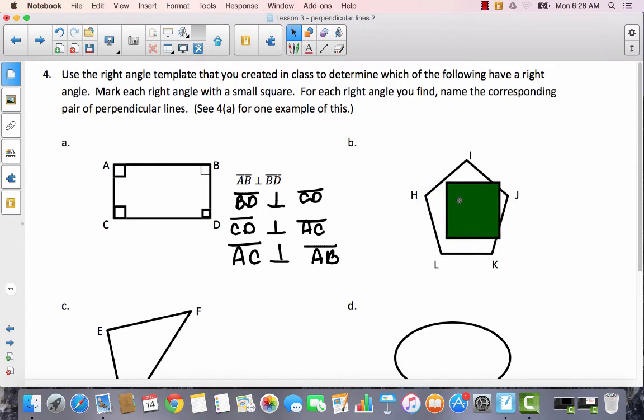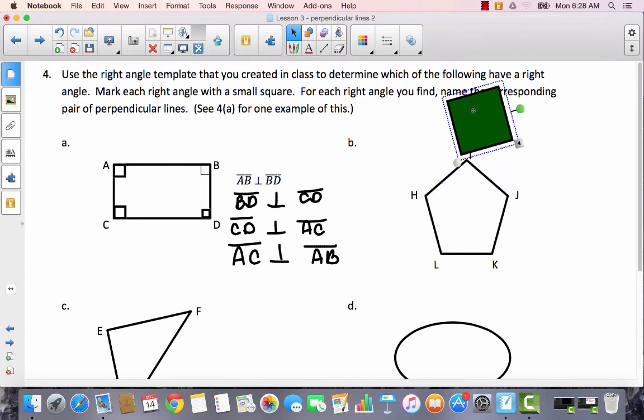If I put this inside this corner, this is the only angle here that looks to be a right angle, but when I look at it, that actually is not a right angle. It appeared to be one, but it really isn't. And this is not a right angle, and none of the other ones even look to be a right angle. So I don't see any right angles in figure B.